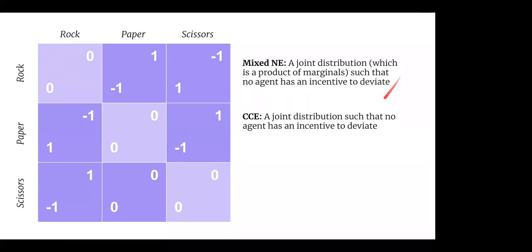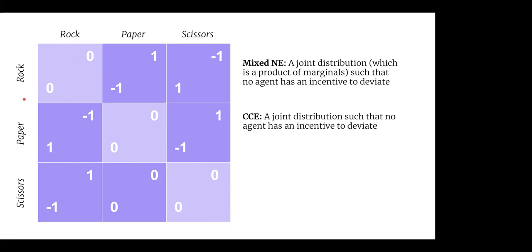And in this case, the question is, does either agent have an incentive to deviate from this joint distribution as long as the other agent stays playing according to that distribution? So again, let's say both agents are playing according to this distribution. These light colored boxes are being played with probability a third and everything else 0.